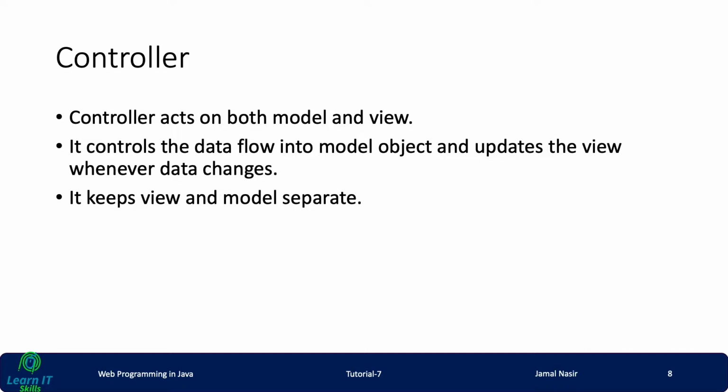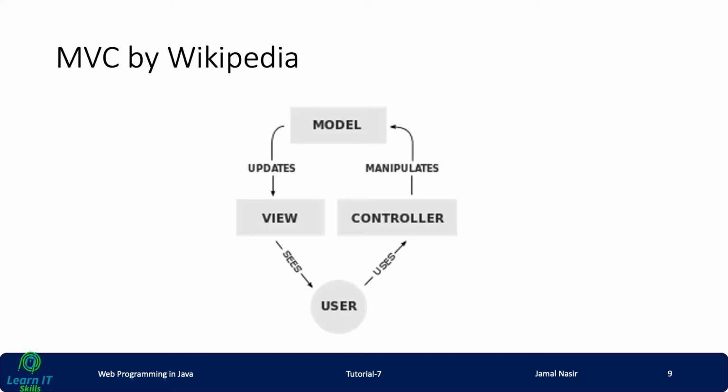So basically it keeps the business layer and logic layer separate. This is another picture of MVC by Wikipedia, in which we can see that controller can manipulate model, and then model updates view, and that's why the user can see it, right? So user uses controller and all the stuff.